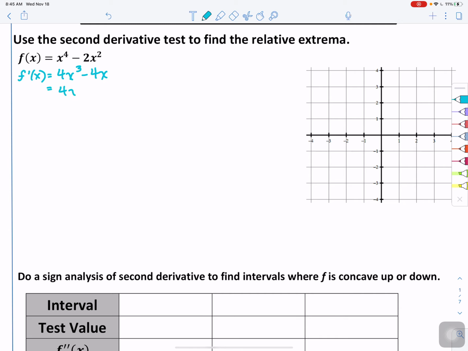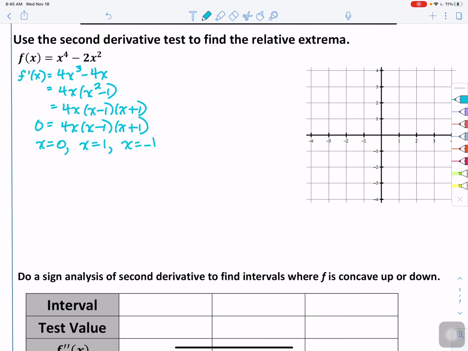I can factor 4x out, x squared minus 1. We end up with 4x, x minus 1, x plus 1. And we're going to set that equal to 0 so that we can go to a sign chart. So x is equal to 0, x is equal to 1, and x is equal to negative 1. Okay?